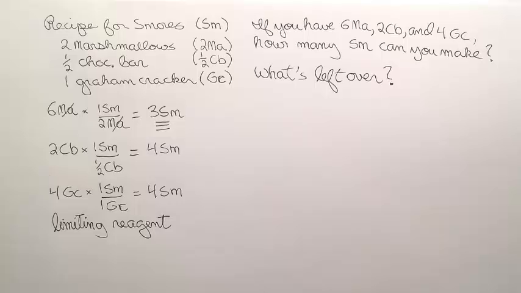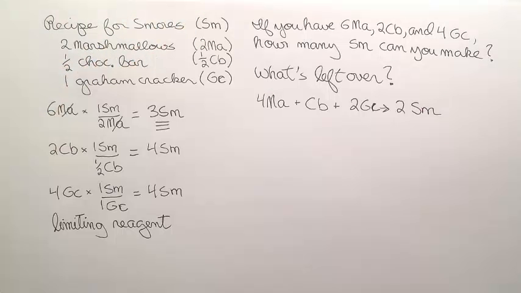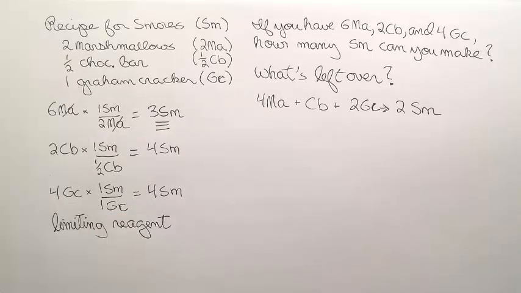We begin by writing down the recipe in a compact form that looks like a chemical equation. 4 marshmallows plus 1 chocolate bar plus 2 graham crackers goes to 2 s'mores. Notice that I have doubled all the ingredients in the recipe so that the recipe does not include fractions. What is important is the relative amounts of the ingredients in the equation.